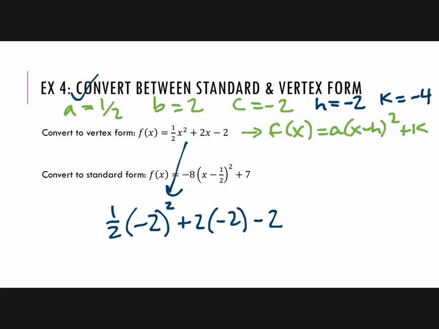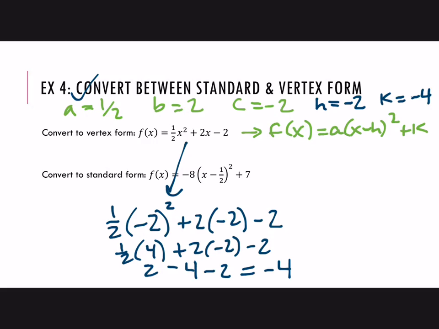And then work this out using order of operations. So negative 2 squared is 4. And then multiply. Half of 4 is 2. 2 times negative 2 is negative 4. And then 2 minus 4 is negative 2. Minus 2 is negative 4. And we get k again. So you can use whichever of those methods that you like.